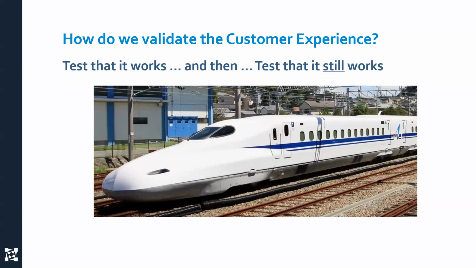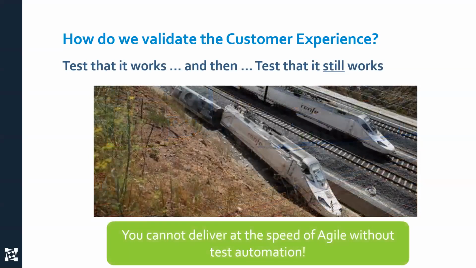This is what Agile and DevOps enables. It enables quick delivery of functionality and iterative feedback, so I can improve and hit my target more accurately. And if we don't have an infrastructure that enables that, then my delivery is going to come off the rails, and I'm going to be overtaken by my competition.